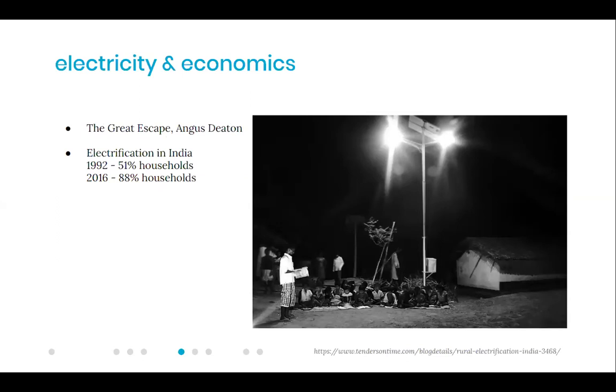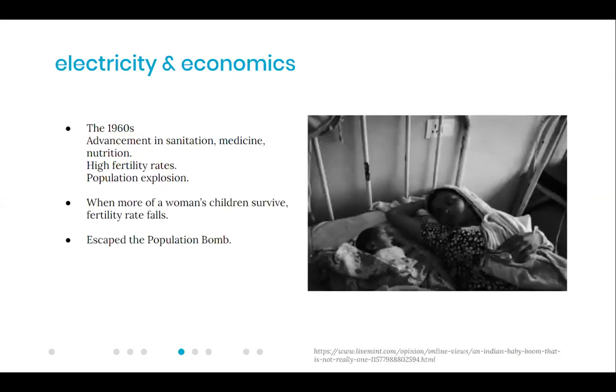If you look at 1992, we had 51% household electrification, and in 2016 that jumped up to 88%, which is a good sign. He also talks about this example of the 1960s, where advancement in medicine and nutrition was increasing lifespans, while there were also high fertility rates.